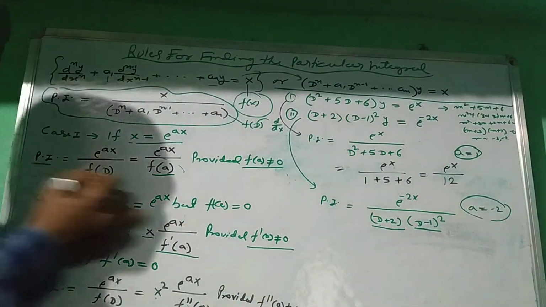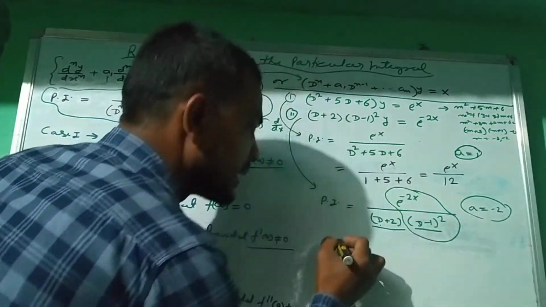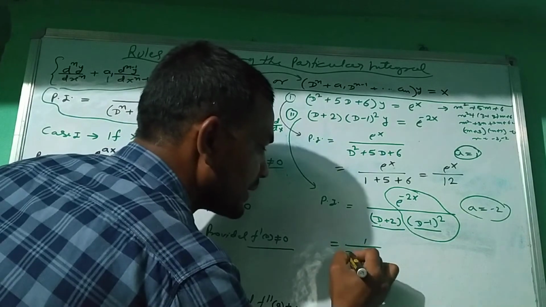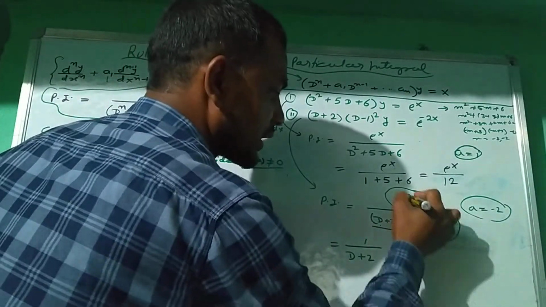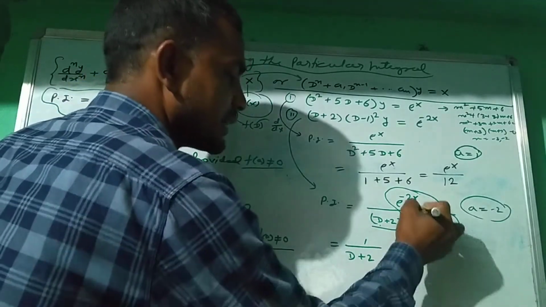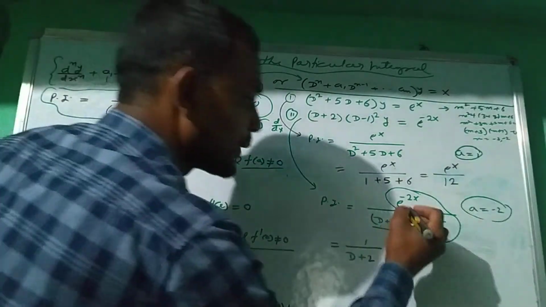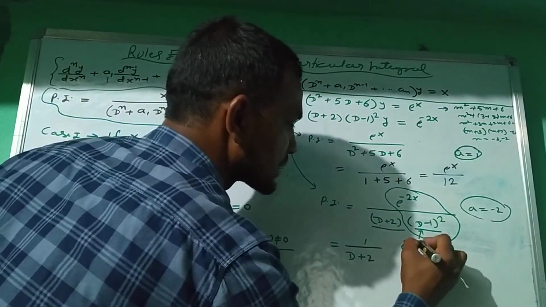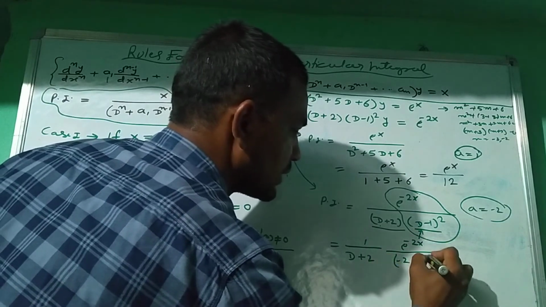So first we solve this part, and then it is equal to 1 upon D plus 2, and the particular integral for this part is, when you put minus 2 here, then this part is not equal to 0. So the particular integral is e to the power minus 2x, and this is minus 2 minus 1 to the power 2.